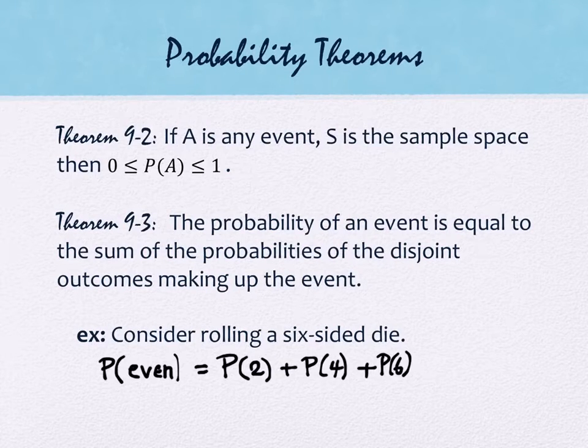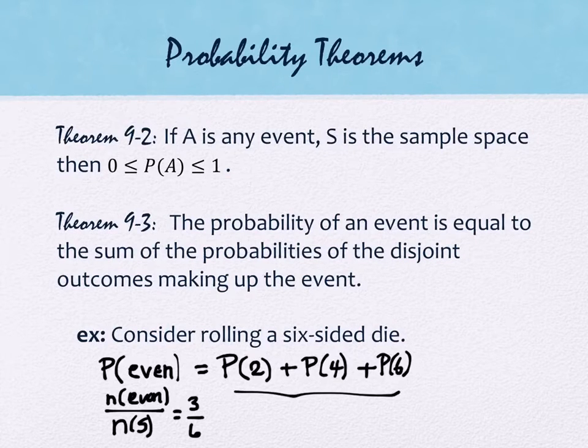So if I talked about the probability of rolling an even, the way that I would talk about it is I would say, well, what are the number of ways that I can roll an even over the number of my sample space? So what are the number of ways I can roll an even? 3. And the number of my sample space is 6. So let's do the right-hand side now. Well, what's the probability of rolling a 2? Well, what are the number of ways that I can roll a 2? 1 out of 6.